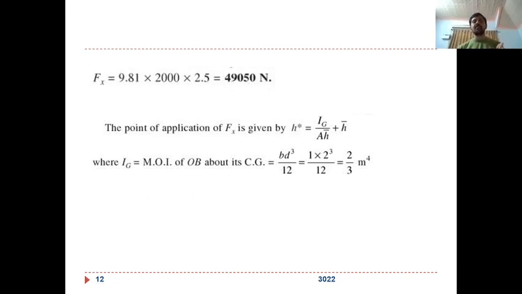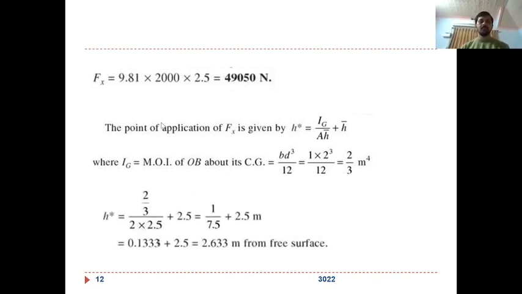The projection of the curved surface on a vertical plane is taken and analyzed. So you can get H star as 2.633 when you substitute properly. Ig is the moment of inertia of OB about its center of gravity.